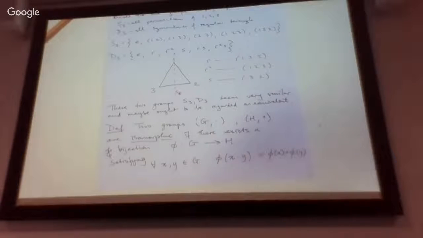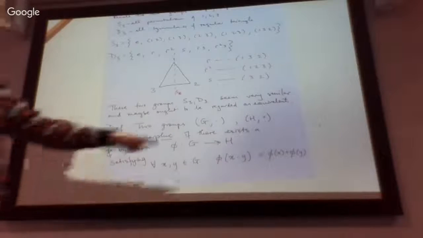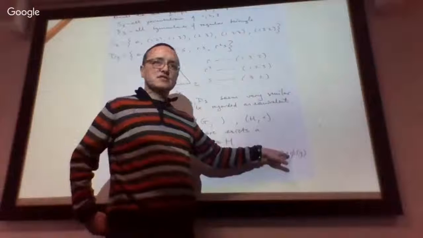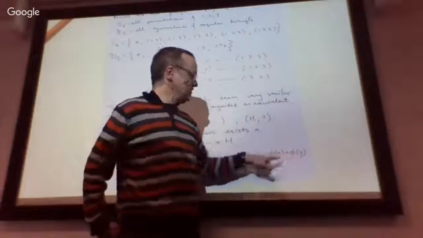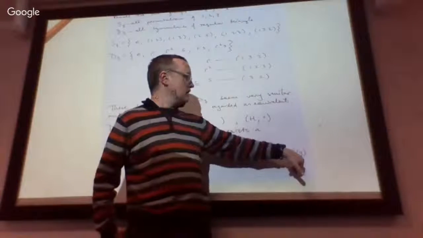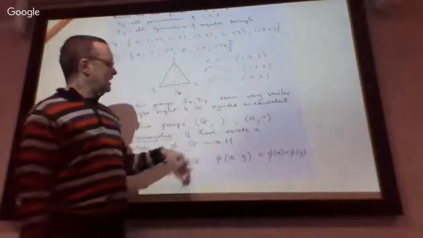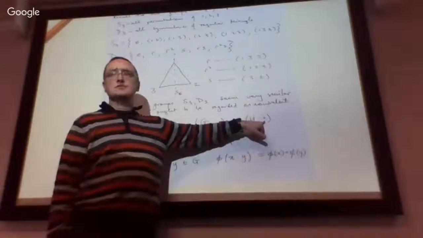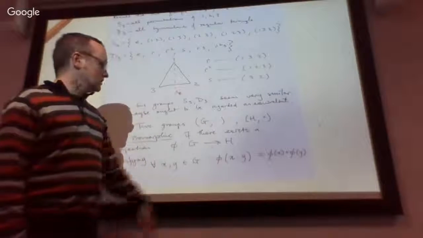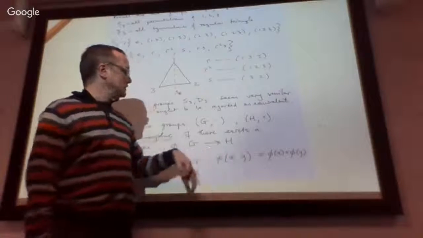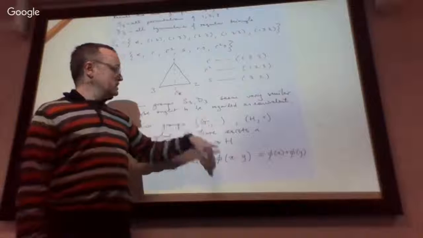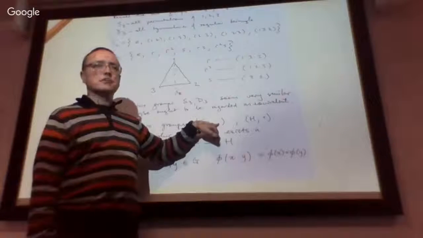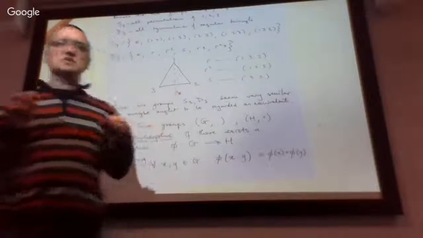But of course, the group operation taking place here is circle, because this operation is taking place between phi of x and phi of y, which are elements of H, so they're combined using the group operation circle. Whereas this product here, x times y, x and y are elements of G, so those are combined using the group operation dot of G.